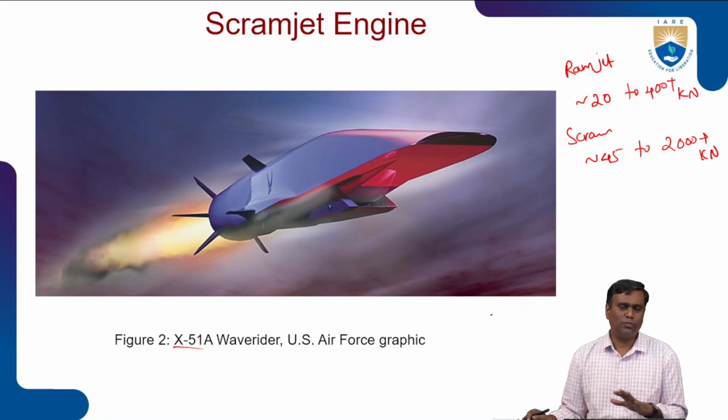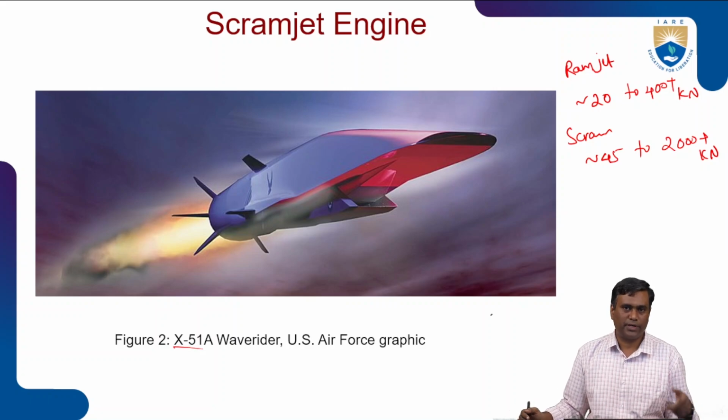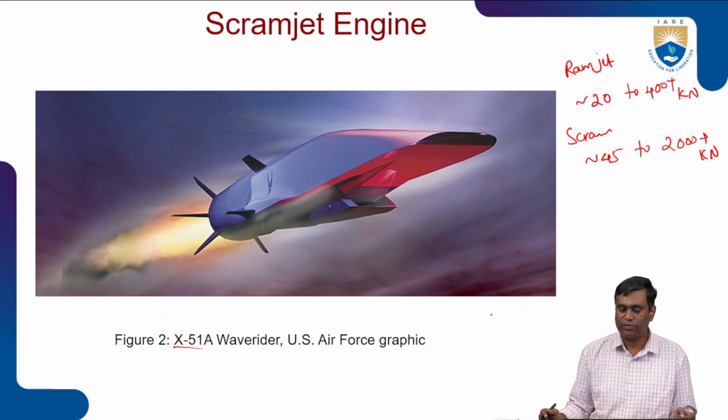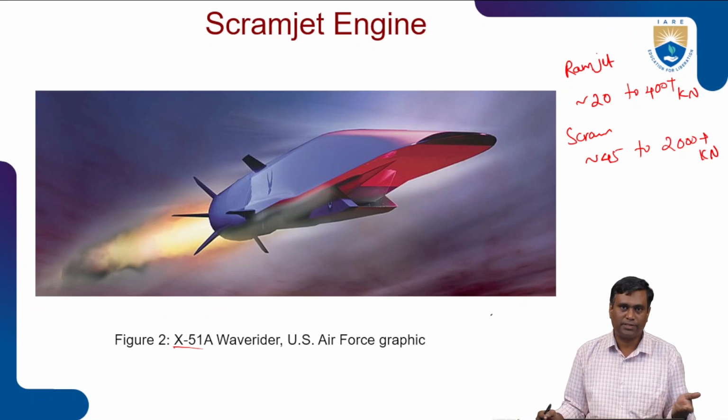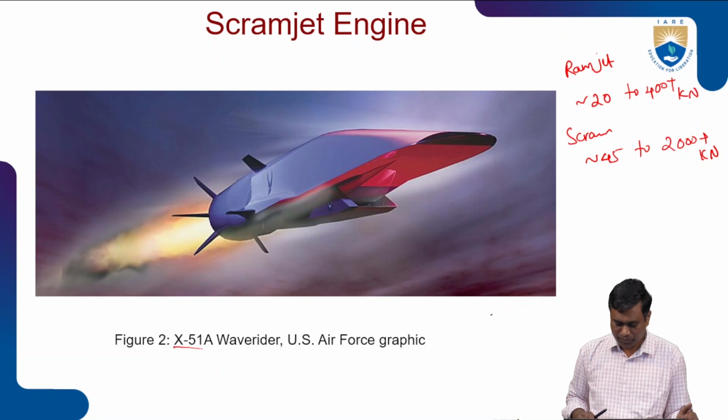So almost both, especially scramjet, are in the experimental and testing stage only. And with the help of scramjet, a single stage, direct one stage launching vehicle is also under experimental investigation. They are trying to develop it in such a way that one engine will take the satellite directly to the orbit, single stage to orbit, right?